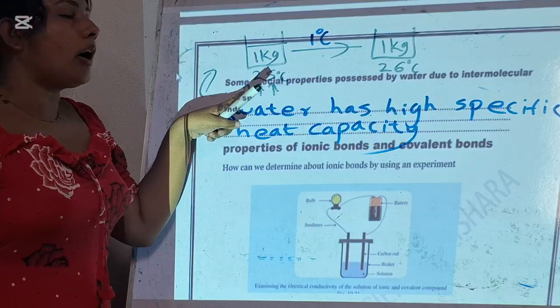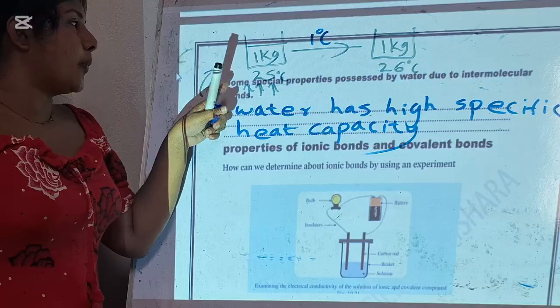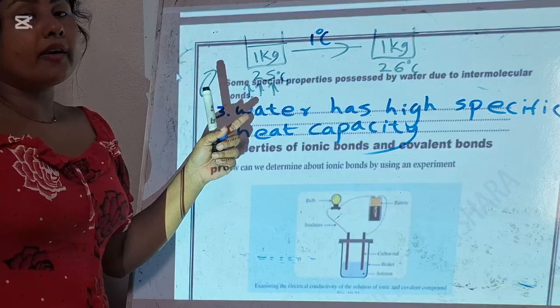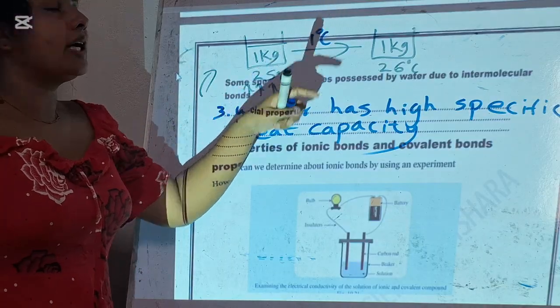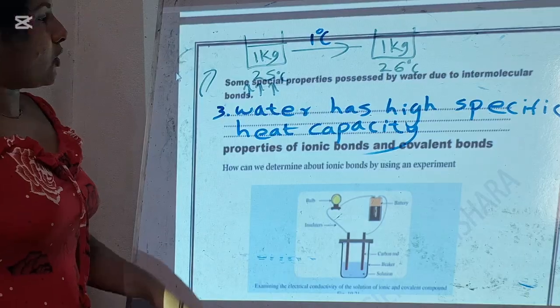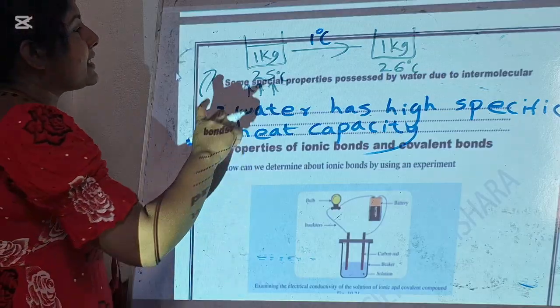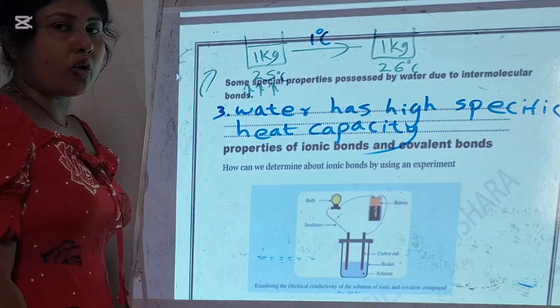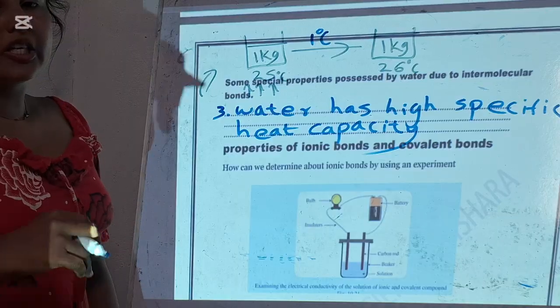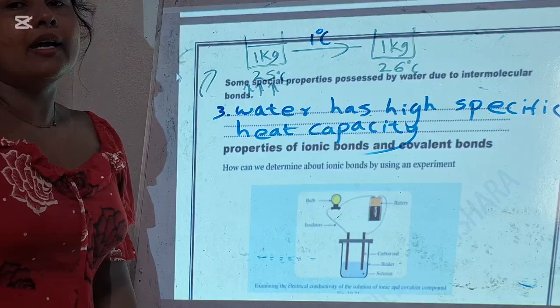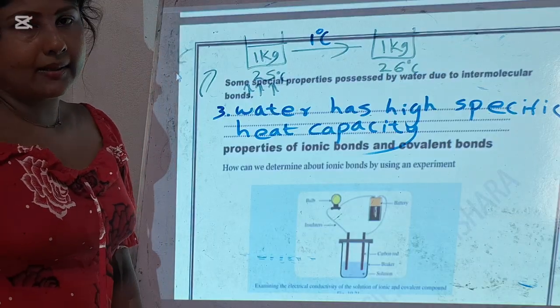The amount of heat used to increase the temperature of 1 kilogram of water by 1 Celsius. ඒ heat එකට අපි කියනවා specific heat capacity.